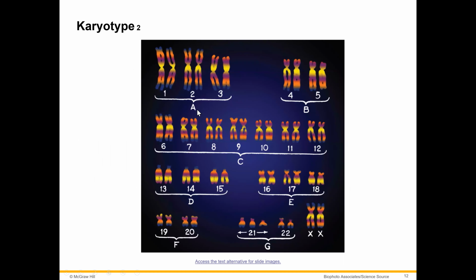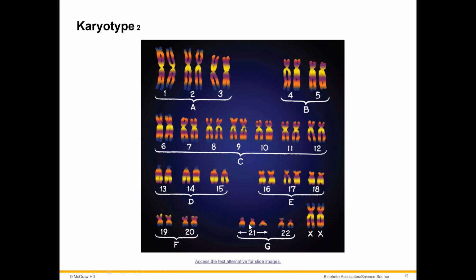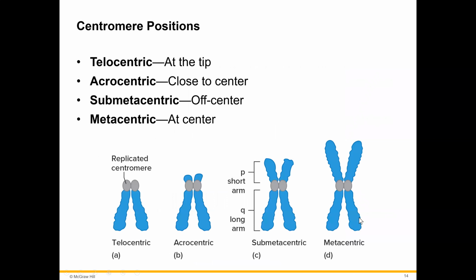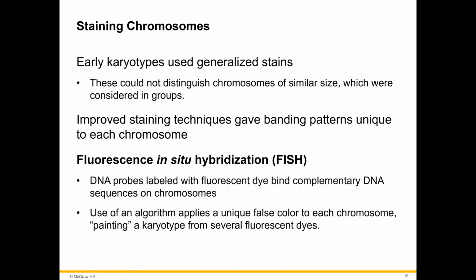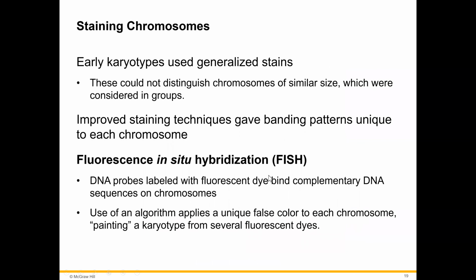You see here we have group A, B, C, D, E, F, and G, because they are all similar size. So we just say, okay, in one group, let's say group G, instead of 4 chromosomes, we have 5. So it most likely means an extra chromosome 21, or it might be an extra chromosome 22, because we were not able to distinguish between chromosomes of similar size, right?